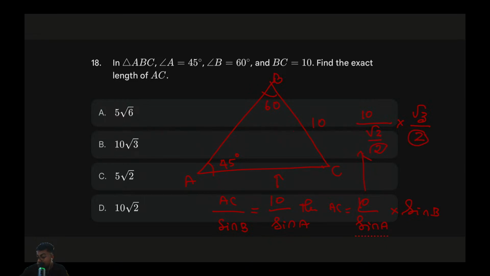This and this can be simplified because it's a multiplication of fractions. What's left is 10 root 3 over root 2. We can simplify by rationalizing it, times root 2 over root 2. Then it's 10 root 6 over 2, which is 5 root 6. So the answer is A.